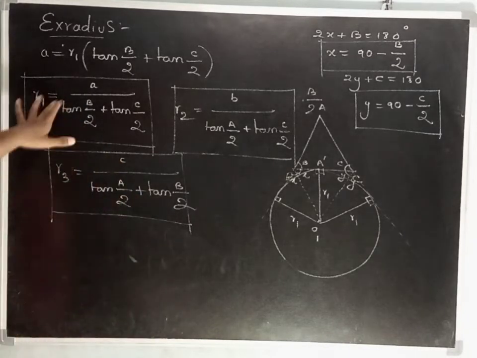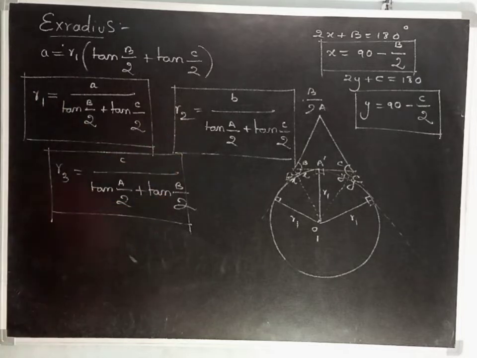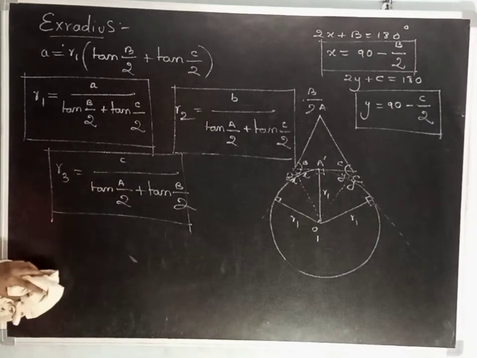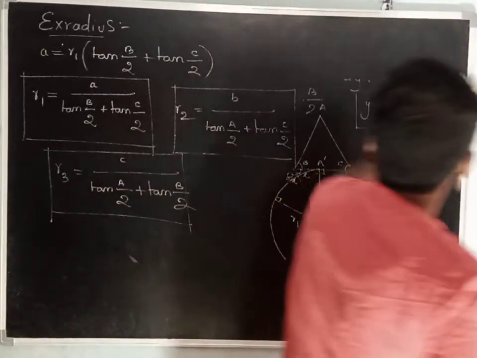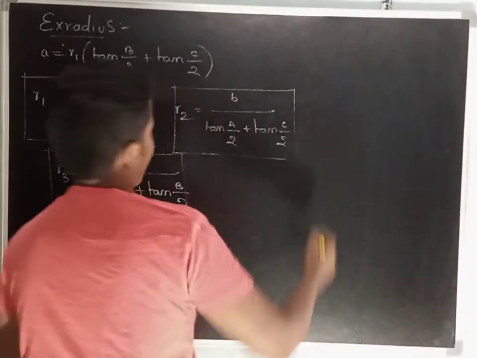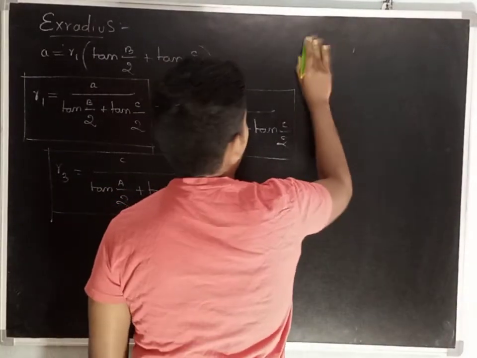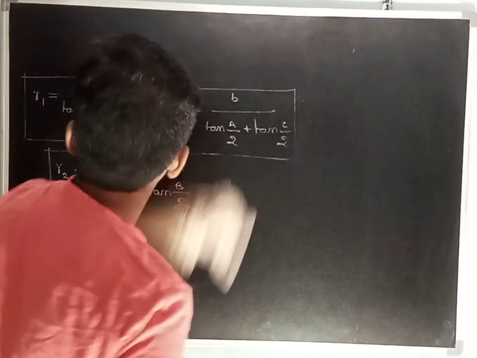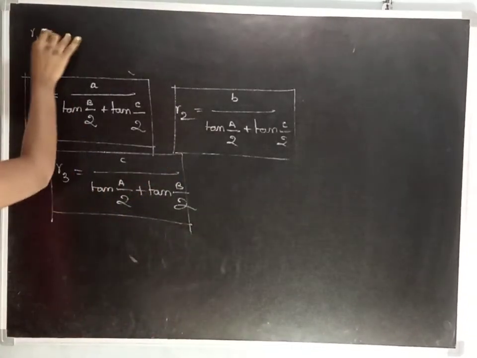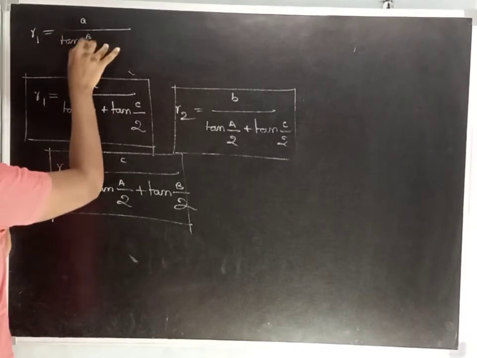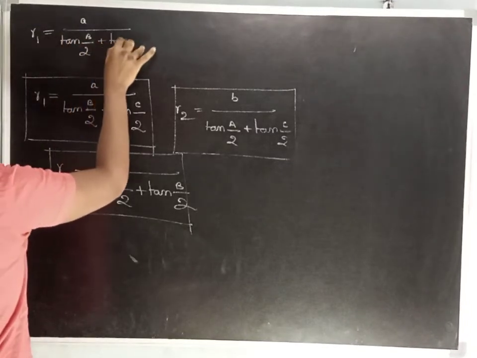Here, these three are the other results. Let me write them aside. R1 is equal to A by tan B by 2 plus tan C by 2.